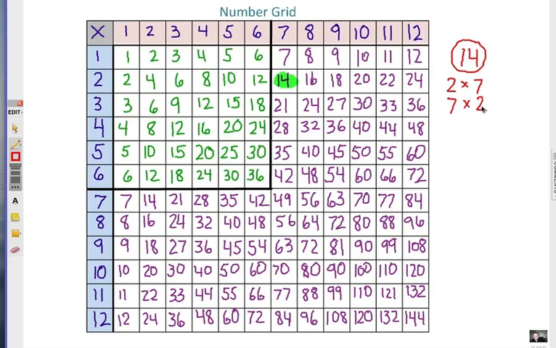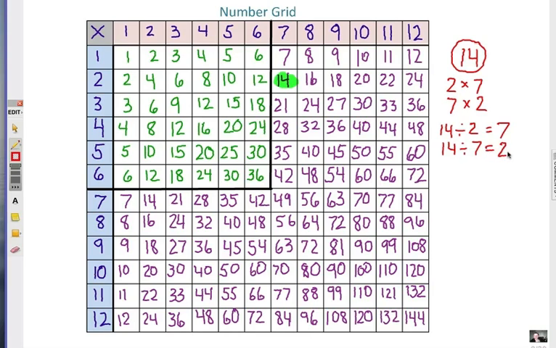All right, now if we reverse that and start thinking about division, we think of the number 14 and try to figure out how to break that down, how to write it as a division fact. Well, that would be 14 divided by 2, which gives me 7, and 14 divided by 7 gives me 2.